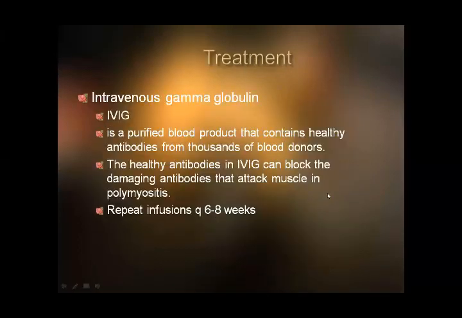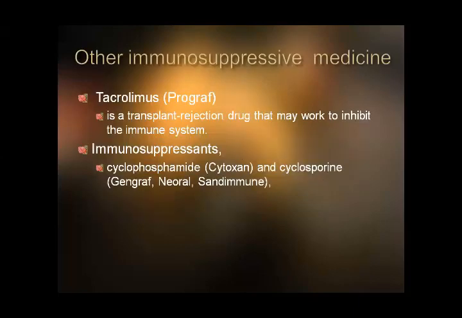Okay, what are the options we have? I told you intravenous immunoglobulin can be given. It is a purified blood product that contains healthy antibodies from thousands of blood donors, and IVIG can be a remedy for patients who are in polymyositic crisis. These healthy antibodies can block the damaging antibodies that attack the muscle in polymyositis, and repeat infusions can be taken over 6 to 8 weeks.